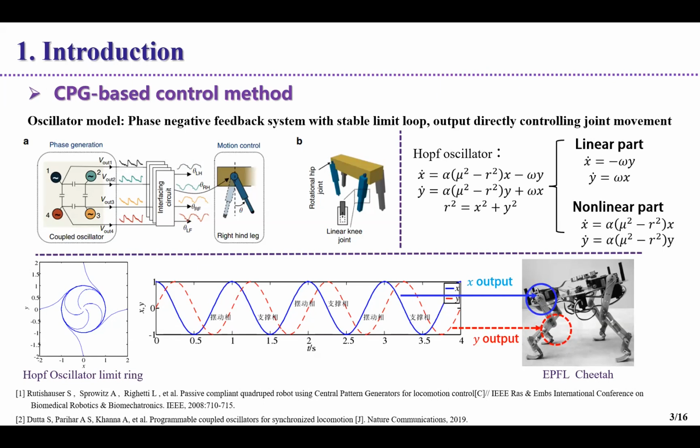The first is that a single oscillator can only control 2 active joints. The second is that because the oscillator output directly controls the joint angle, it is not intuitive to build a closed loop control within the foot space.